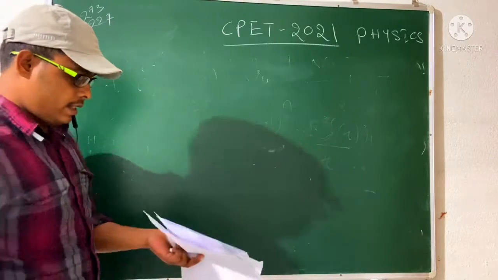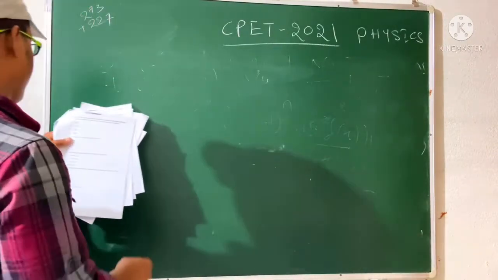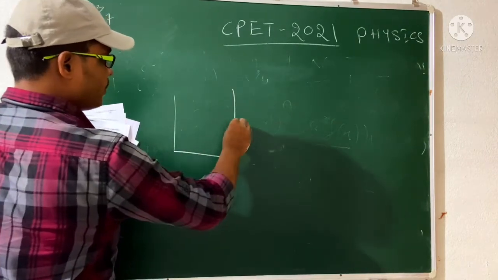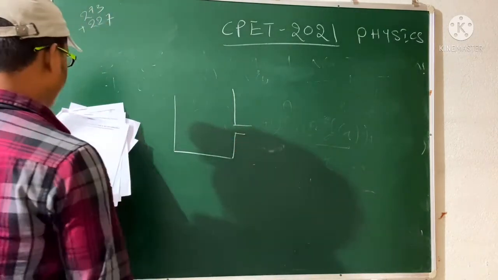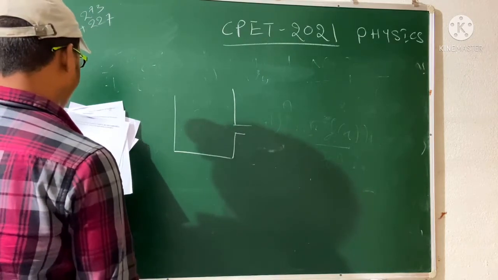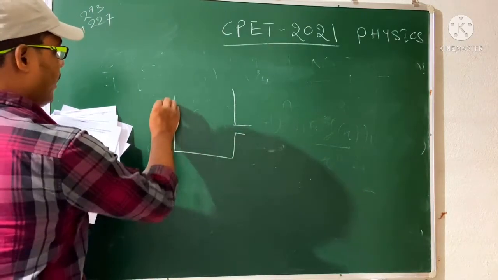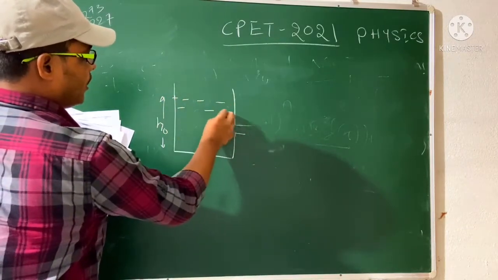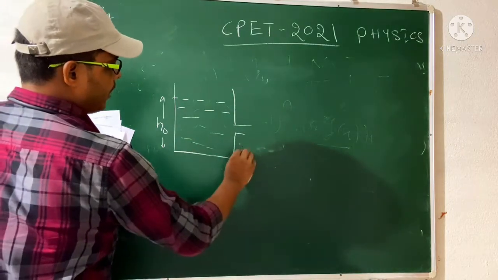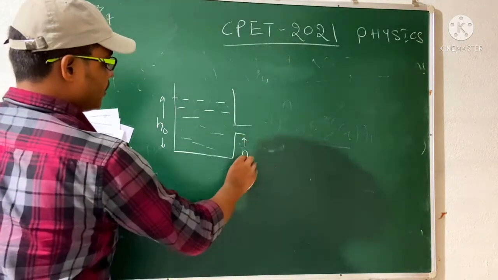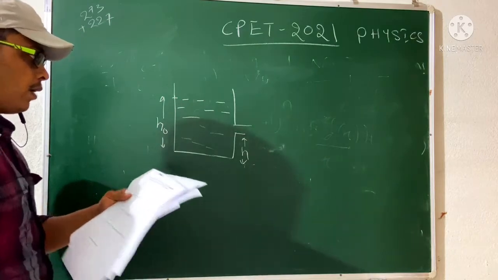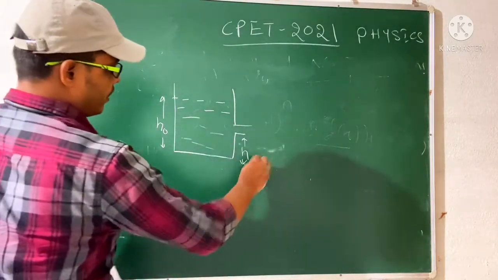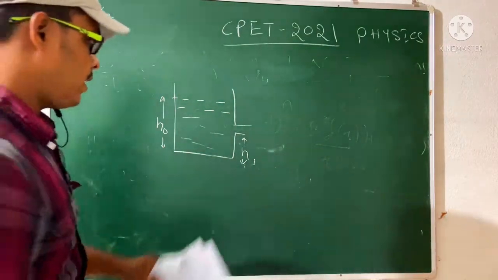He has given a cylinder with non-viscous fluid, and the fluid is coming out from here. The liquid density, so this is H0, right? That means there is liquid up to height H0, and this is the height H1 from which the liquid comes out, and H0 is the initial height.